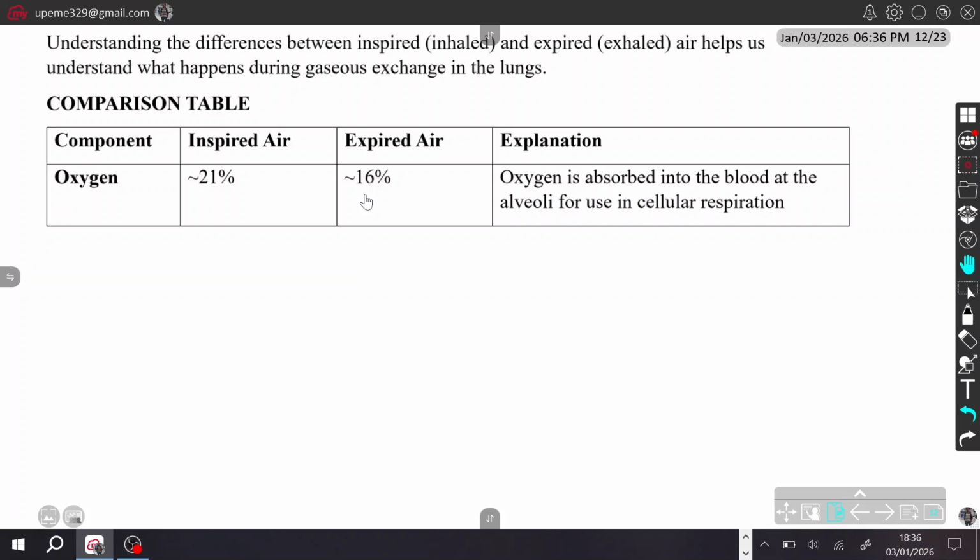As you breathe, the one which manages to enter, then you breathe out. As you push, some of it will be pushed out immediately. So 16% comes out, then the other one is able to diffuse and be used. That is the explanation, and the other one is because of being used.